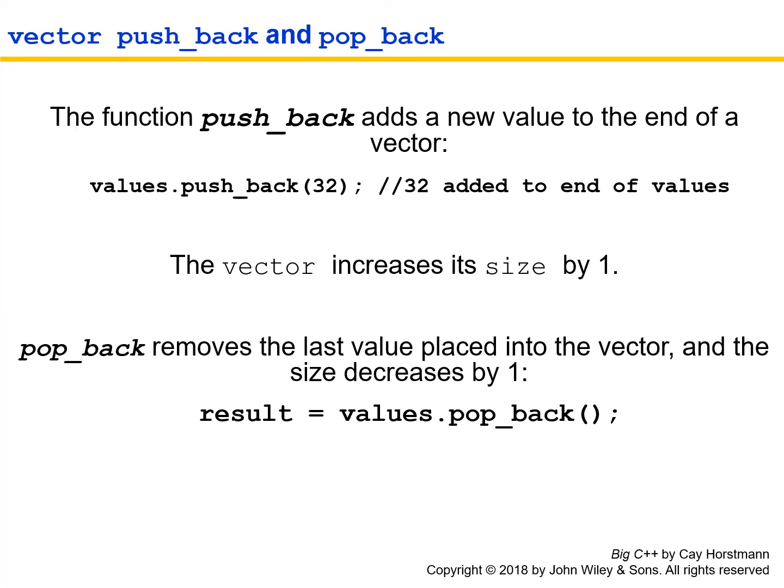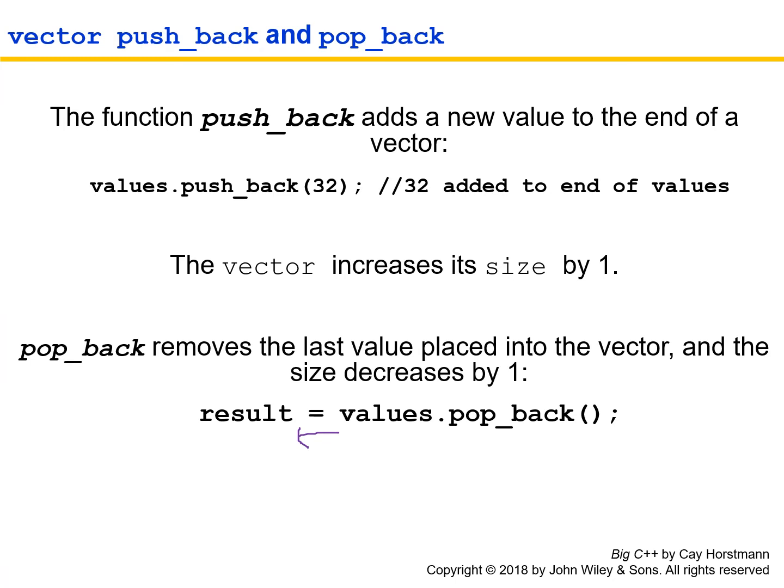Okay. The function push_back adds a new value to the end of a vector. Now this is using language from a different data structure called a stack. You push things onto a stack and you pop them off of a stack. So we're saying we're going to push a value onto the back of our vector, and then if we want to remove it, we can pop it back off and assign that value to a result.